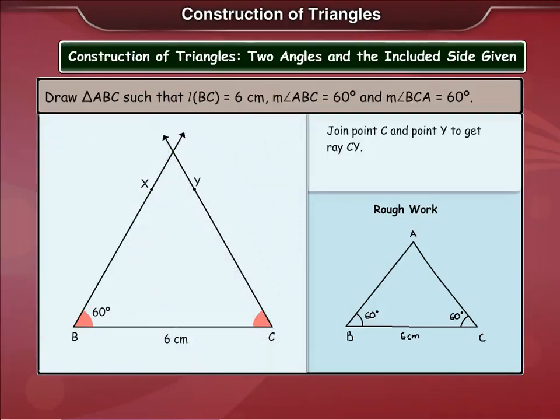Name the point of intersection of ray BX and ray CY as point A. Thus, we get the required triangle ABC.